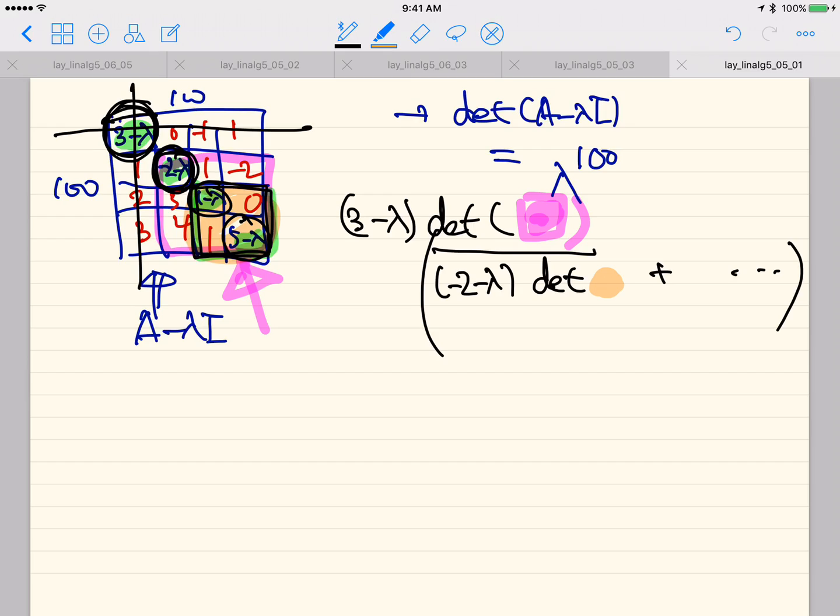And as you will see, because this 2 by 2 matrix has a lambda squared, and we have another lambda here and another lambda here, those are multiplied together, and so we end up with lambda to the power of 4.